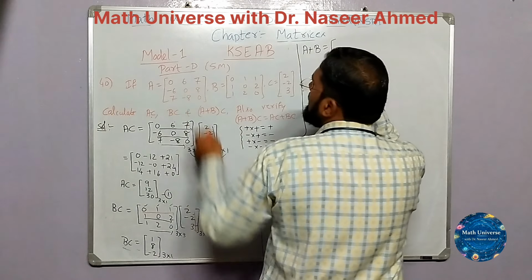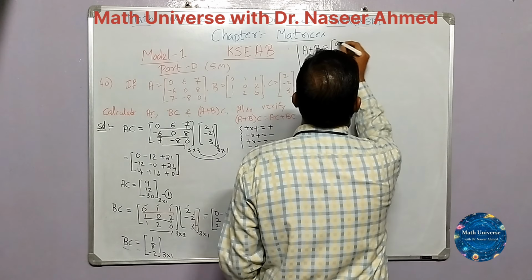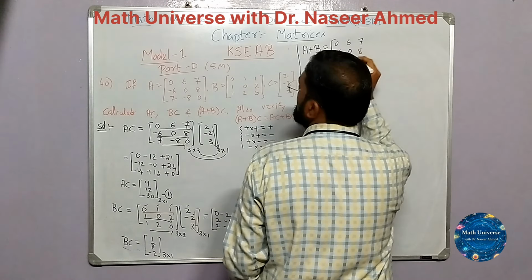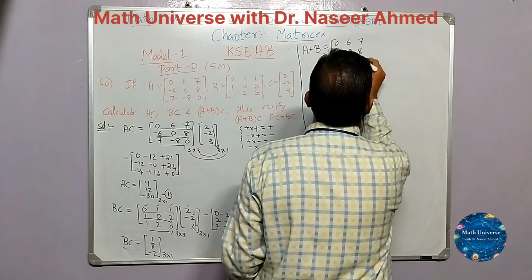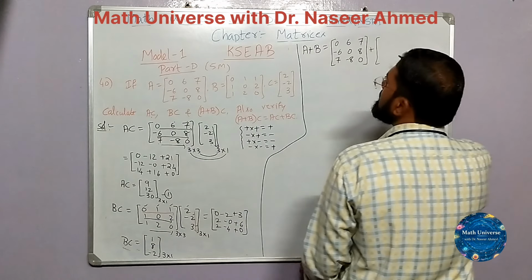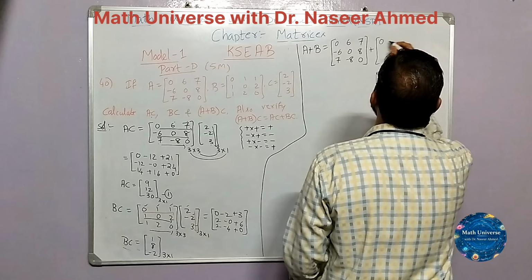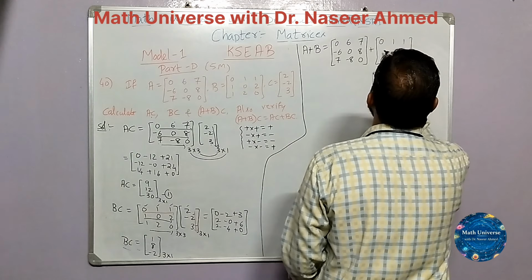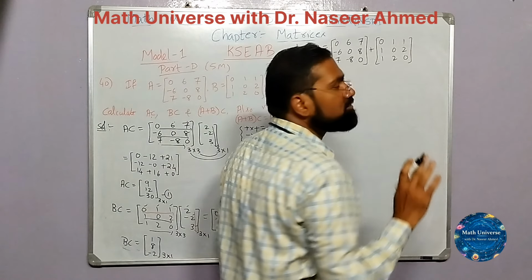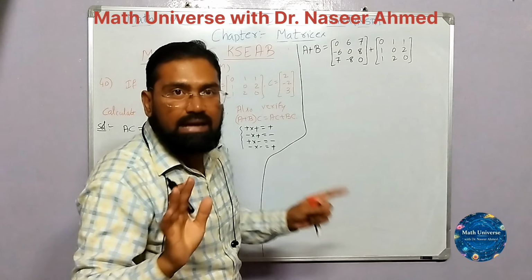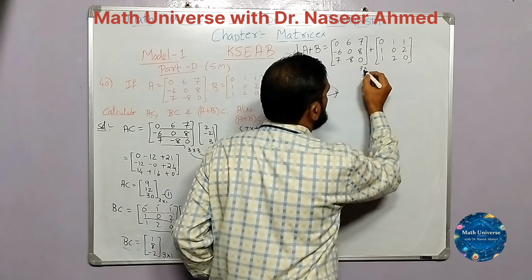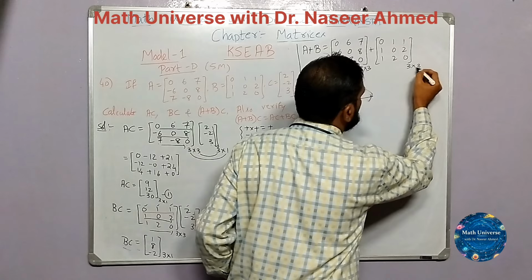Matrix A, here it is: 0 6 7, minus 6 0 8, 7 minus 8 0, plus matrix B, which is 0 1 1, then 1 0 2, lastly 1 2 0. Now how to add these two matrices? Corresponding elements we have to add, and for addition the order should be the same. As you can see, 3 cross 3 and 3 cross 3.